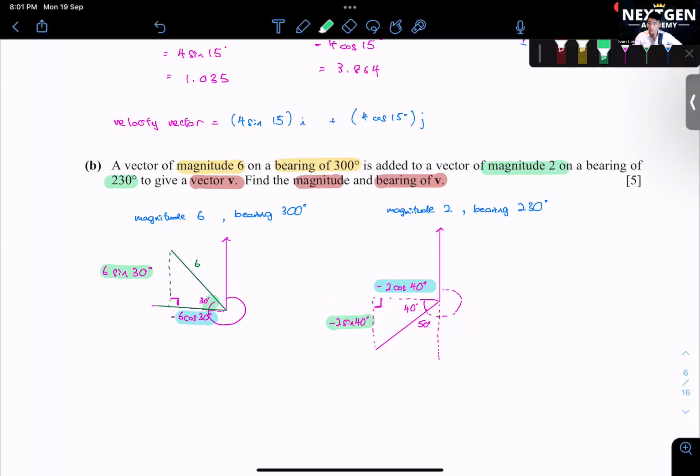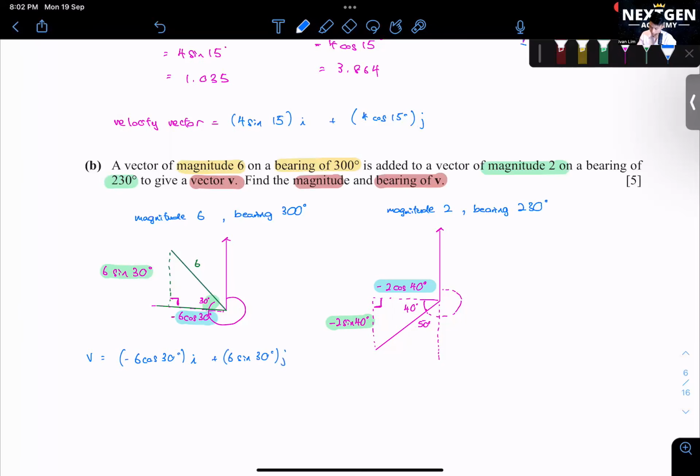All right, so both of them are now added as vectors. That means both of these vectors add up together: this vector 1 plus this vector 2. If you want to write it out, vector 1 will be v equals negative 6 cos 30 degrees i plus 6 sine 30 degrees j.